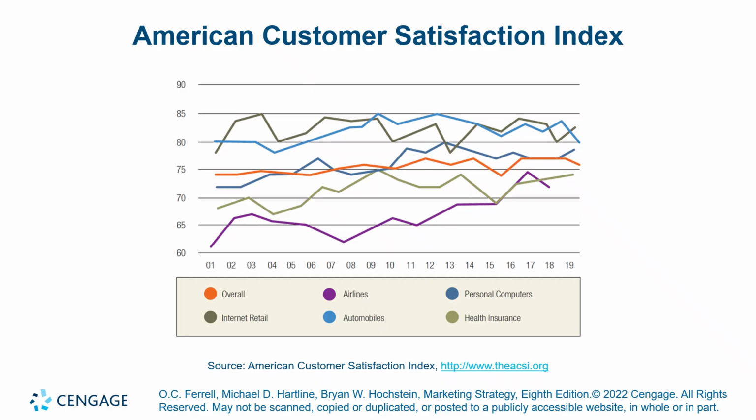The highest now is internet retail. Health insurance is not doing too well here. Airlines and health insurance are the lowest in customer satisfaction. Are you surprised, or do you feel the same?